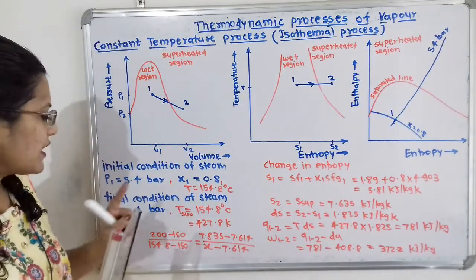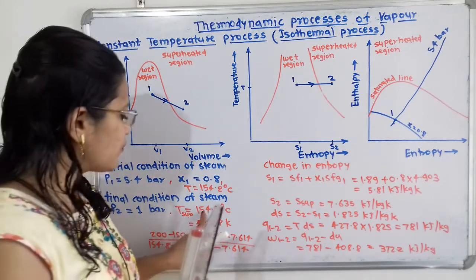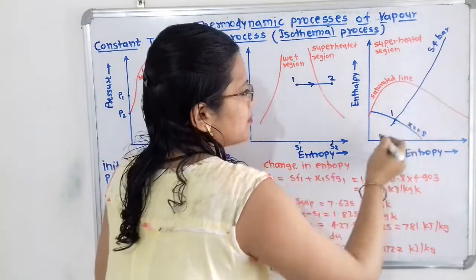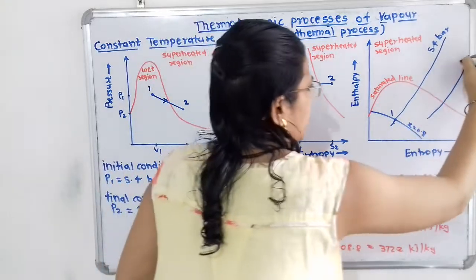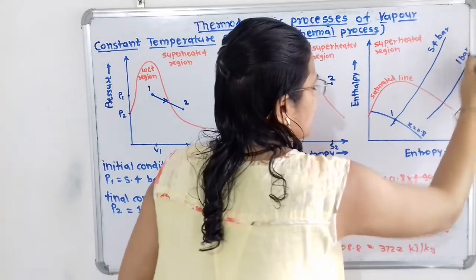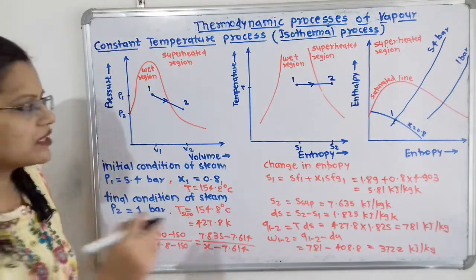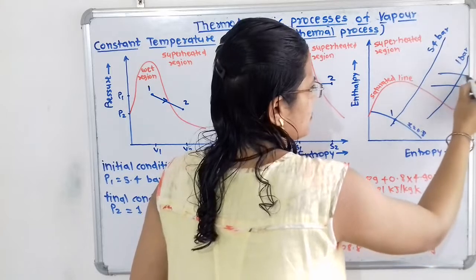Now we will move to the next. For the final condition, the pressure is 1 bar and the temperature is 154.8. Again, parallel to this pressure line, there is the pressure line for 1 bar. So we have to select this 1 bar pressure line, and the temperature is 154.8. In the Mollier diagram, or enthalpy entropy diagram, the temperatures are given in such a direction.